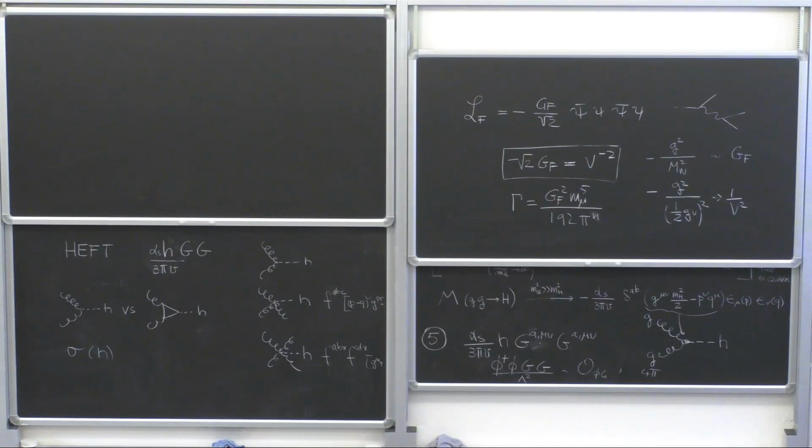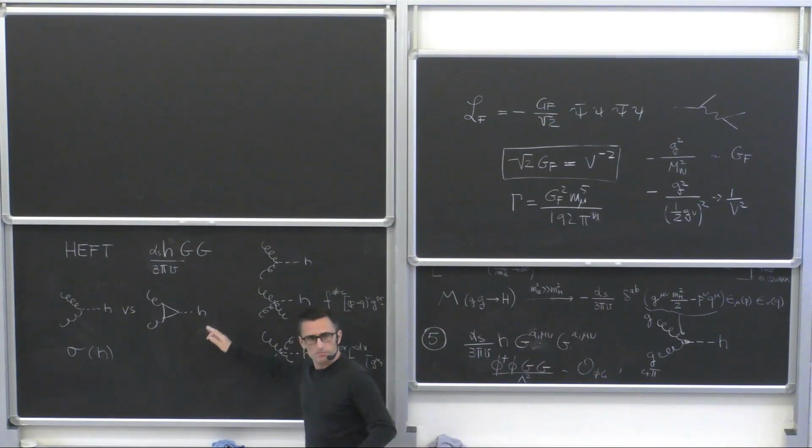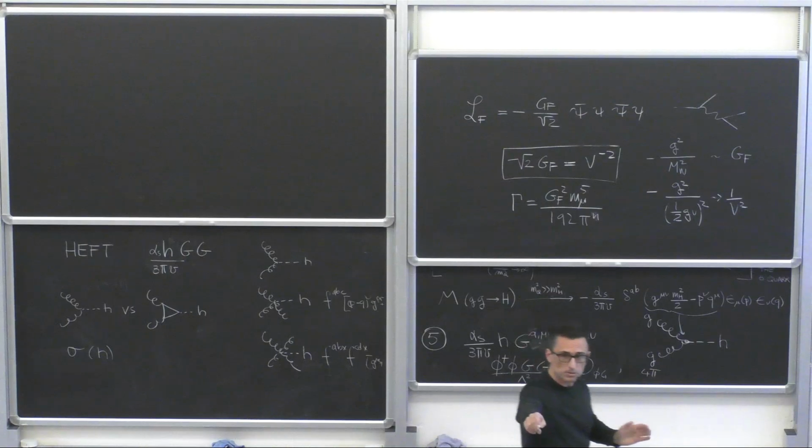the only parameter that I can change now is the mass of the Higgs, or I can change also the mass of the top, in fact, in my game. But since I'm integrating the top out, I'm taking the limit very high. So the only thing I'm changing now is the mass of the Higgs. So this plot is not a physical plot, it's a theory plot, assuming that I've not discovered the Higgs yet, and I can change its mass.